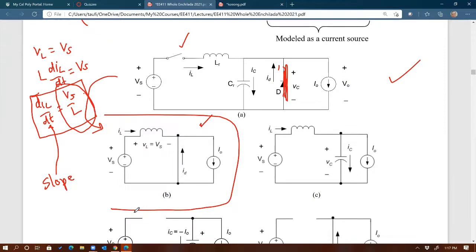But based on this equation, if VS is constant, which typically it is, and positive, and L is also constant and positive, then the slope is going to be positive and constant. So what's the shape of the current? Linear.